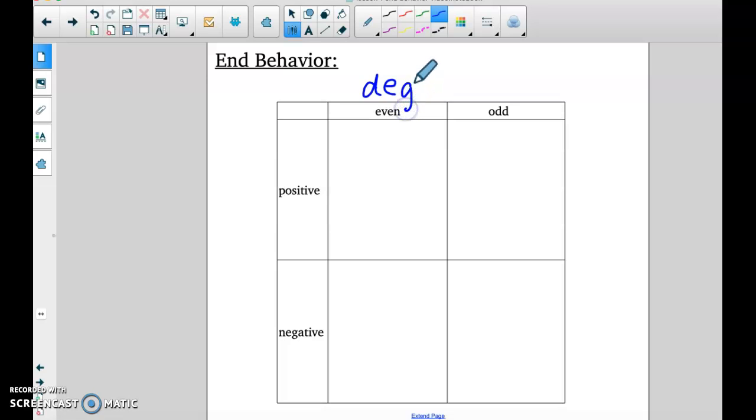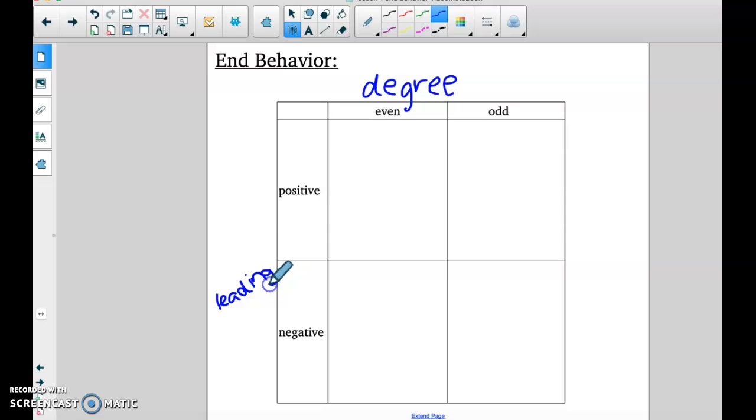This really goes back to that first activity you did with Desmos: the shape of all even exponents, what kind of graph that looks like, and the shape of all graphs that have an odd exponent. And then the positive and negative refers to the leading coefficient. Anybody remember what happens if I have a negative in front of my function?